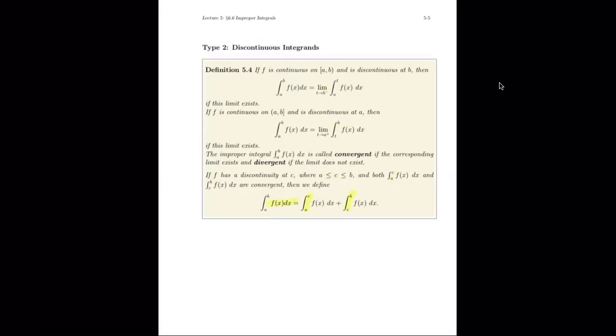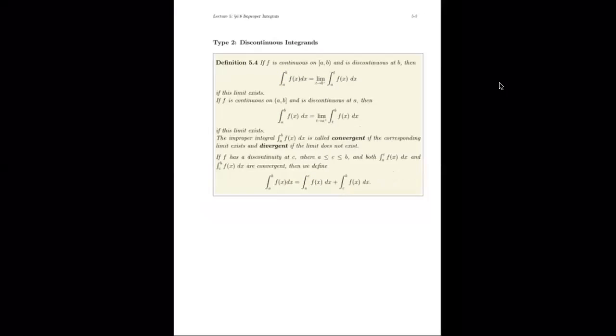Now, of course, for each of these a to c and c to b integrals, this one's going to correspond to our first one, where the point of discontinuity is on the right, and this one corresponds to our second one, where the point of discontinuity is on the left. So that's how we handle that. We'll split the integral up over a point of discontinuity and work from there with our two single integrals.